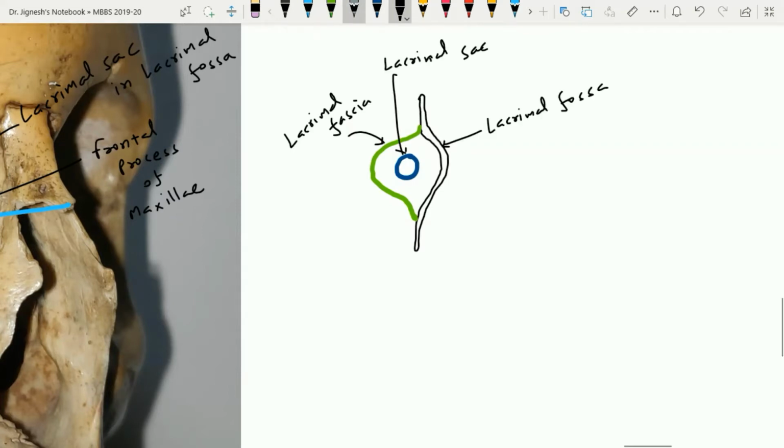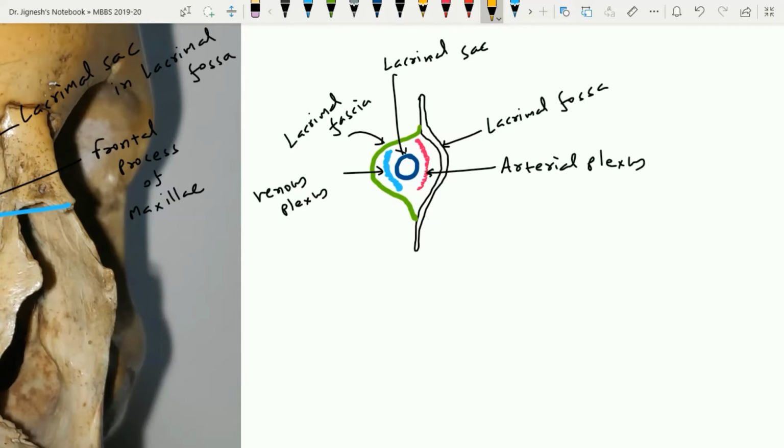Between the lacrimal fascia and the lacrimal sac, a small venous plexus lies, and between the lacrimal sac and the bony lacrimal fossa, an arterial plexus lies, which is derived from the terminal branches of the facial artery.